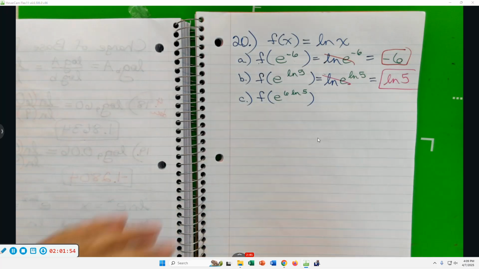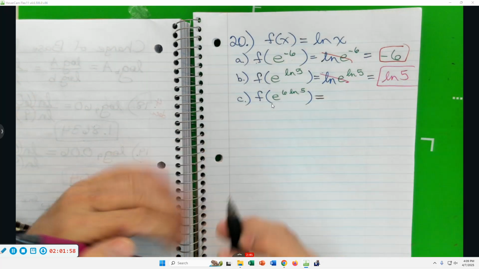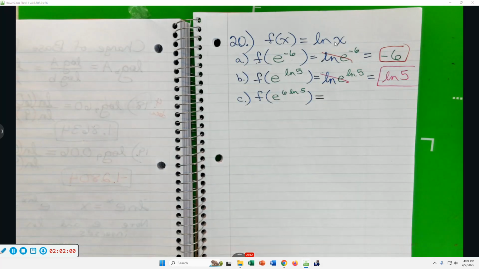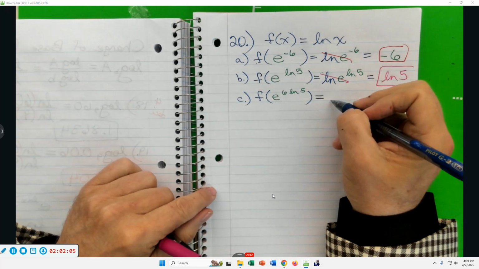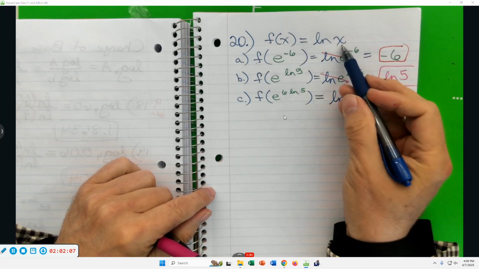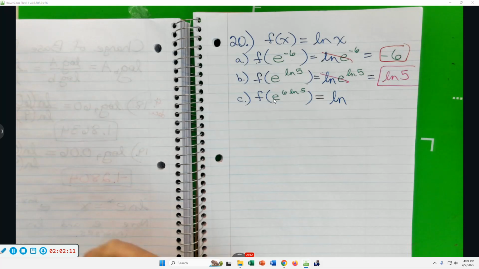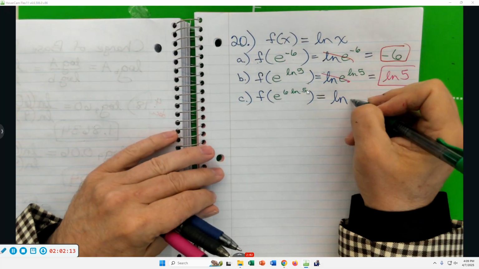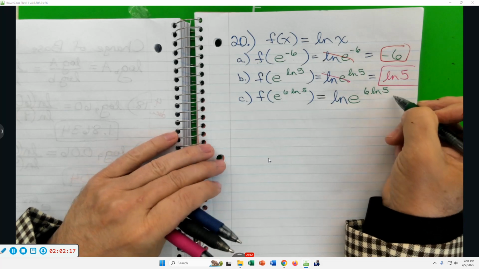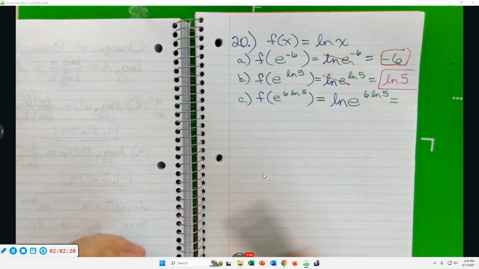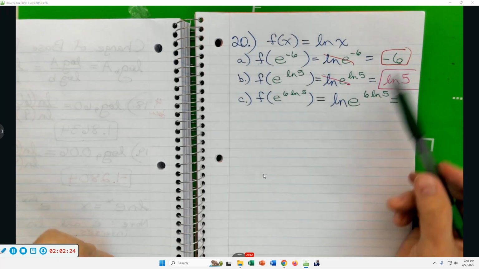And the last one. Function notation, you go to the function, replace the x with what's in the parentheses. So we have ln, replace the x with this big messy green e to the 6 ln 5. This isn't like the previous problem. ln e is performed consecutively, but what about here?